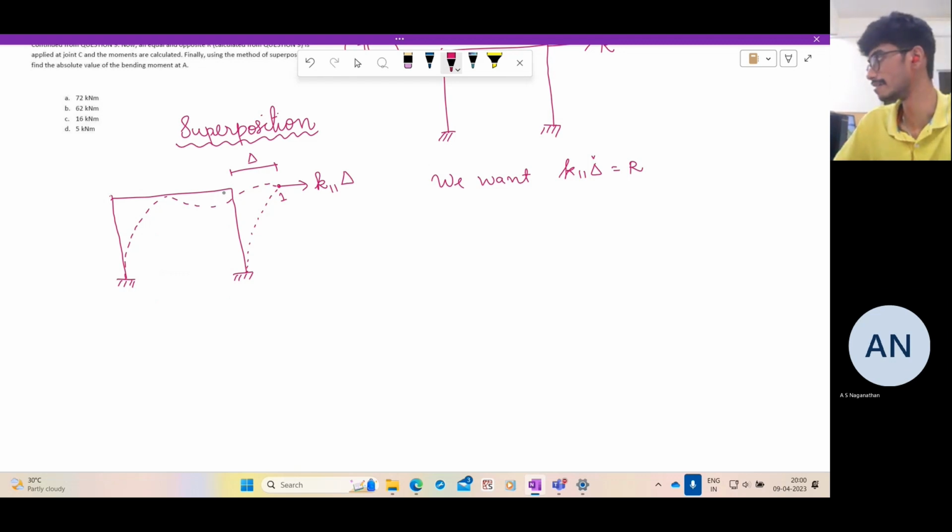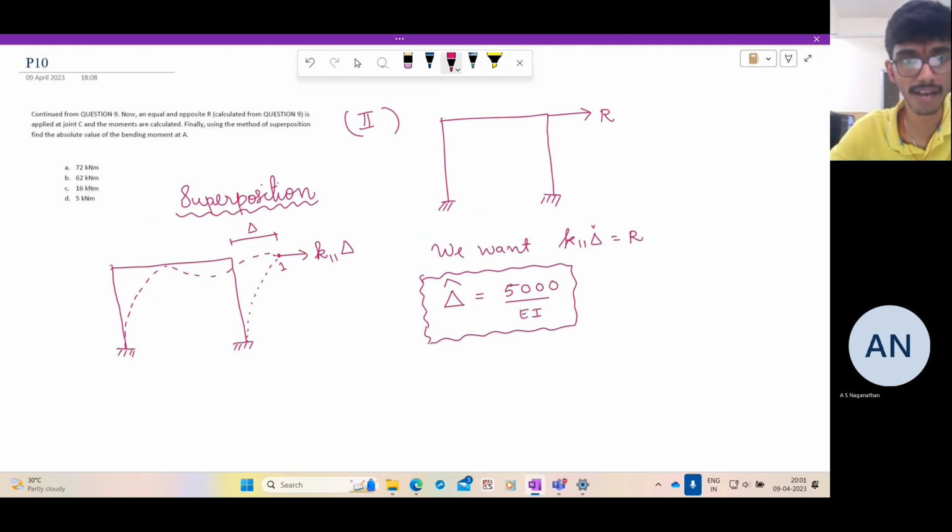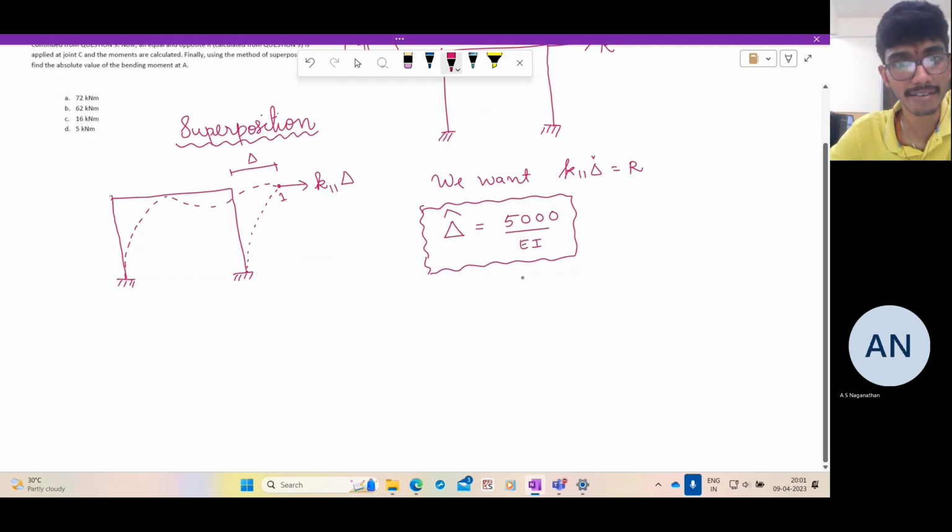Let us take delta to be equal to, so this is not the actual delta, let us put some delta cap. So let us say delta cap is equal to 5000 by EI. This is just a realistic value. So let us take delta cap as 5000 by EI and see what answer we get.